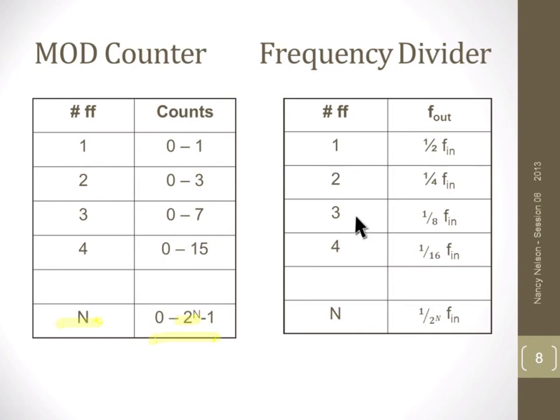So if we have 3 flip-flops in sequence, based on the clock signal, it's going to be 1/8 or 1 over 2 to the 3 of that input clock frequency. If we have 4, it's going to be 1/16 or 1 over 2 to the 4 of that input frequency. So the important thing to remember, with n flip-flops, we have 1 over 2 to the n times the input frequency or the clock frequency.